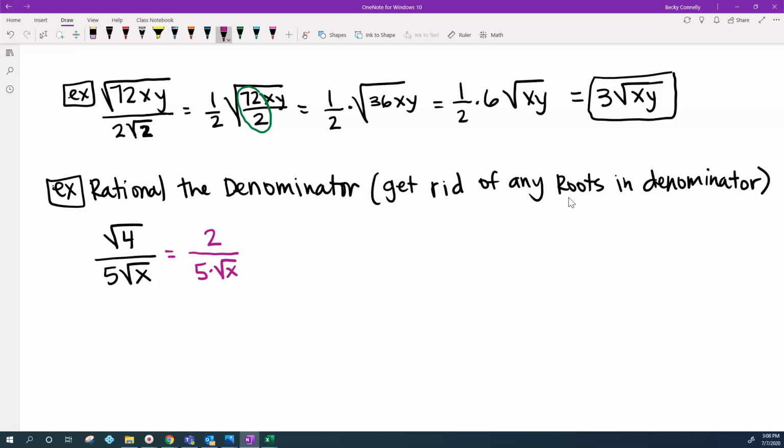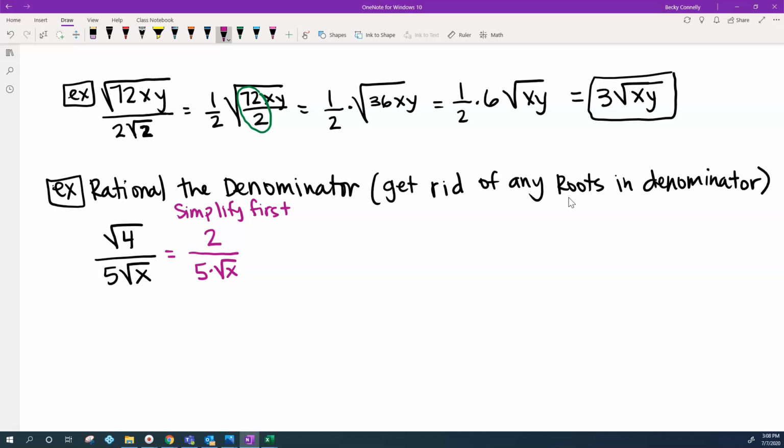So I'd want to simplify that first. If there's anything in there that could be taken out of square roots, or any way that you could do any simplifying, look for that first. So I'm just going to put simplify first. Then you'll want to rationalize the denominator.